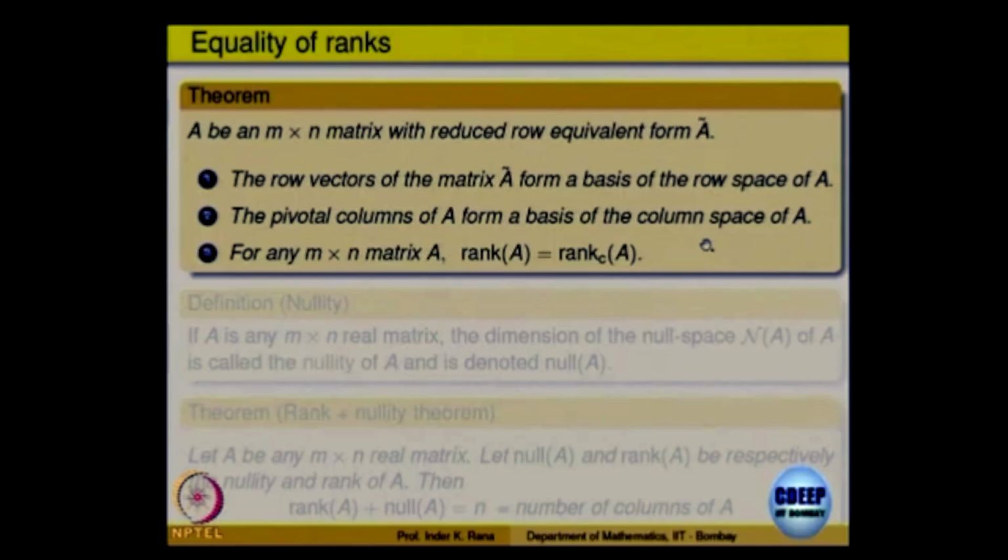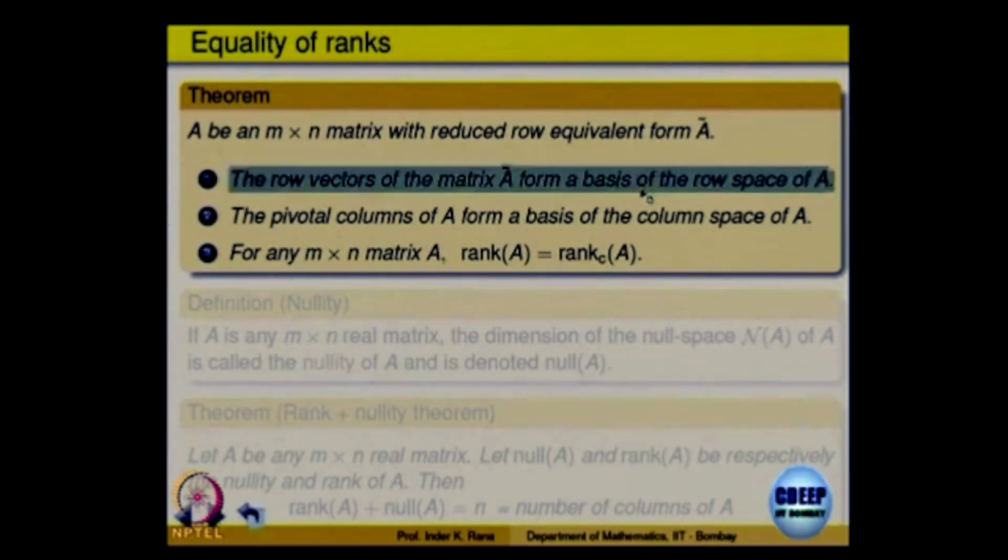They form a basis of the column space of A. So I am trying to tell you how to get a basis of the row space and how to get a basis of the column space. How do you get the basis of the row space? Take the matrix, bring it to row echelon form, and the non-zero rows will give you a basis for the row space.